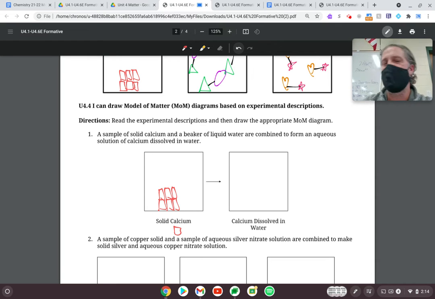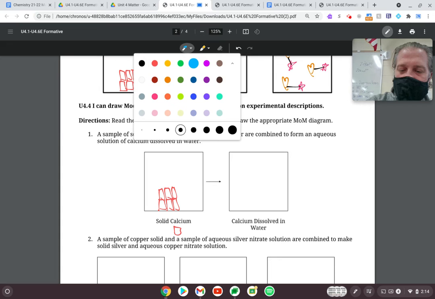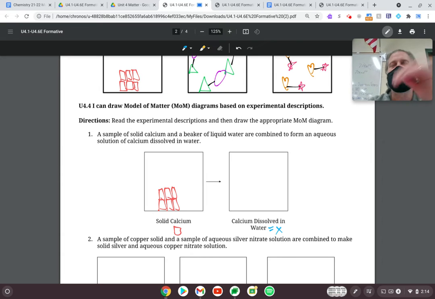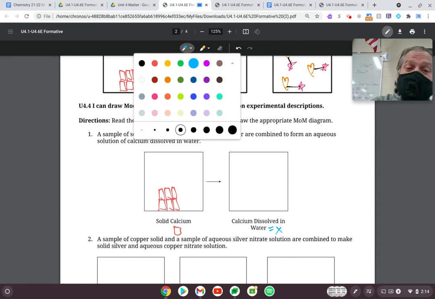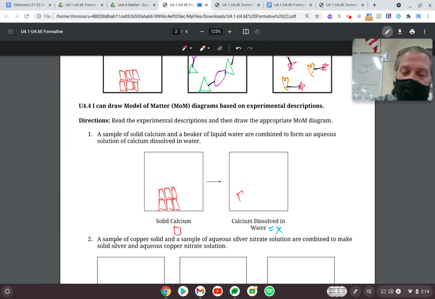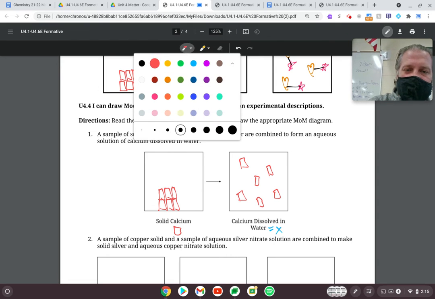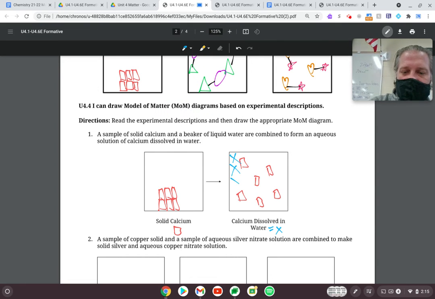Calcium dissolved in water, then, you may recall that when we represent water, we use an X. So I'm going to take those same 6 chunks of calcium and spread them out. And then I'm going to dissolve them with water, or not dissolve, I guess. Yeah, because we said they're dissolved.